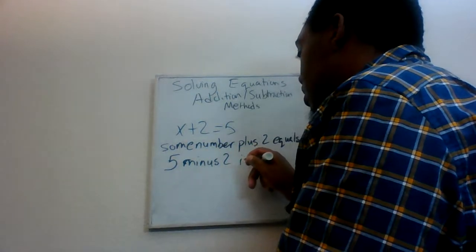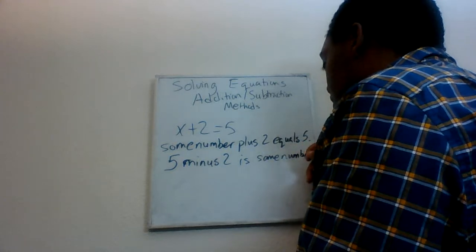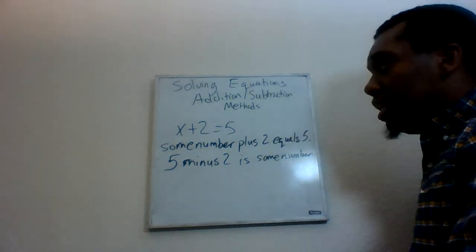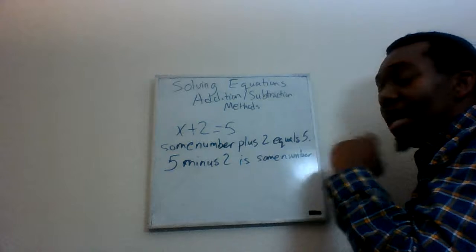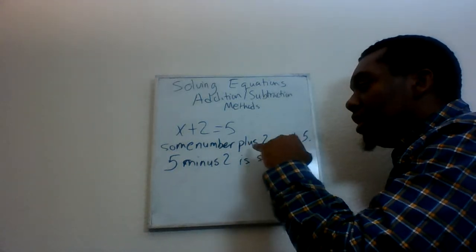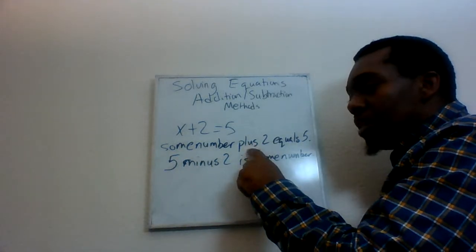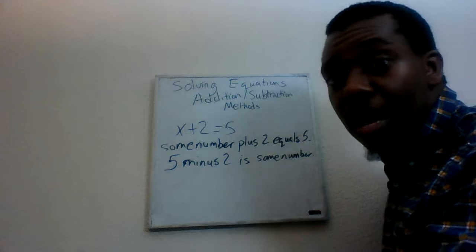2 is some number. So she would write out what the problem is actually asking, and then she would do whatever is happening in this problem backwards, doing the inverse operations, because that's how you would do it backwards.